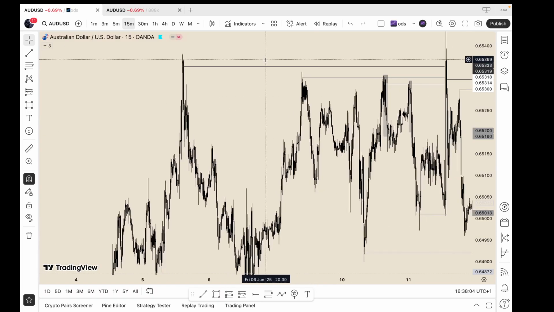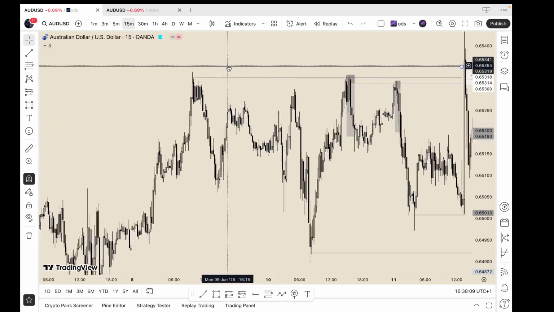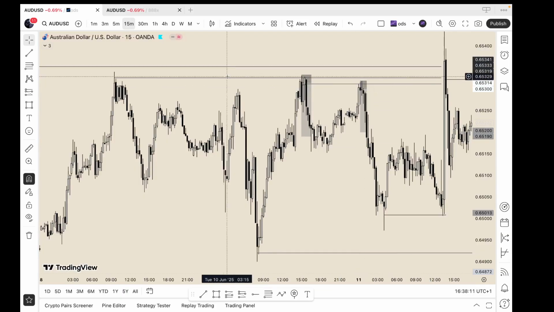within an area of shorting macro from this, so a greater level of interest. However, we'll see what happens.